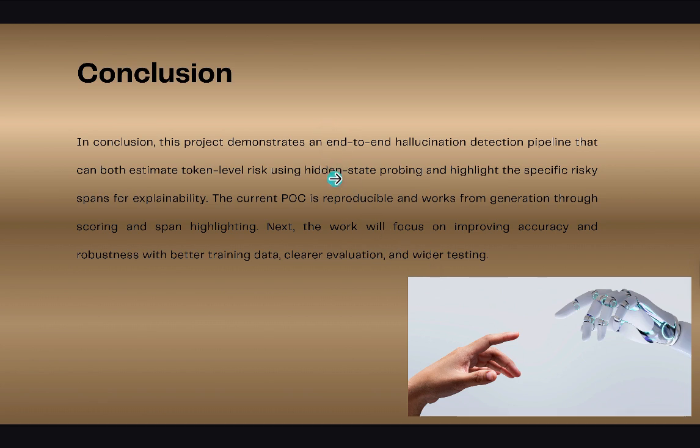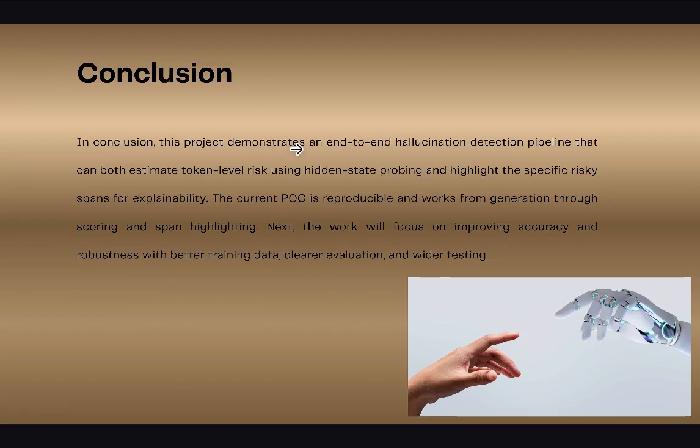Finally, I have the conclusion. As a conclusion, my project demonstrates a full hallucination detection pipeline that estimates token level risk using hidden state probing, and it can highlight the specific risky spans to improve explainability.